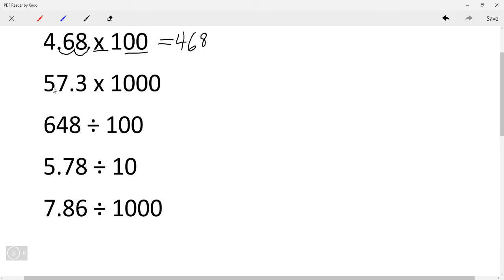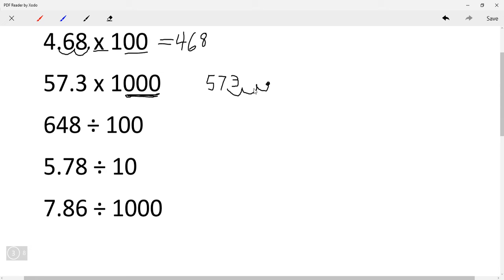Now we have 57 and 3/10 times 1,000. This is another multiplication, so we're moving it to the right. There are 3 zeros here. Now we have to hop 3 times to the right. Now, watch this. We have 1, 2, 3. But hold on.